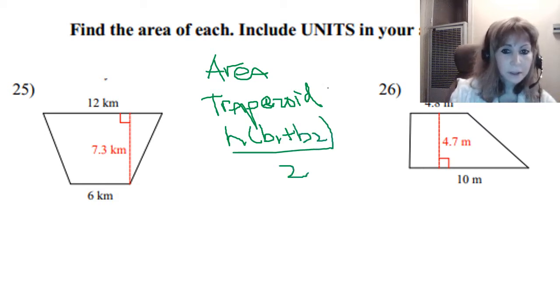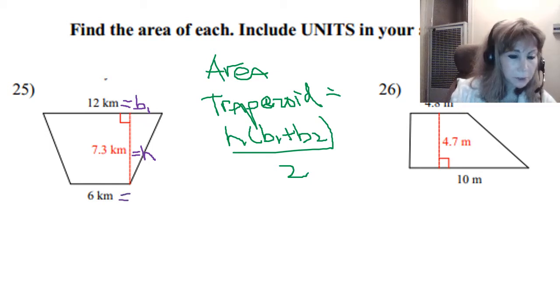So we can do that. This is my height, always represented by a perpendicular. Call this base 1 and that base 2. It really wouldn't matter which one you call base 1 or base 2 as long as you get them both. So your height is 7.3.